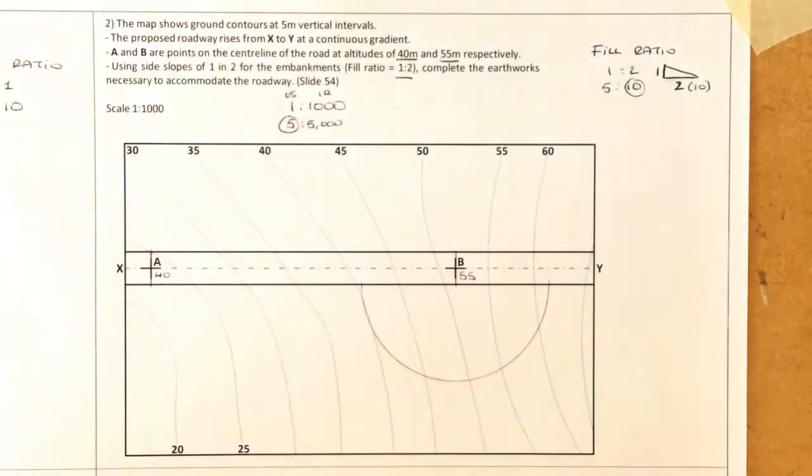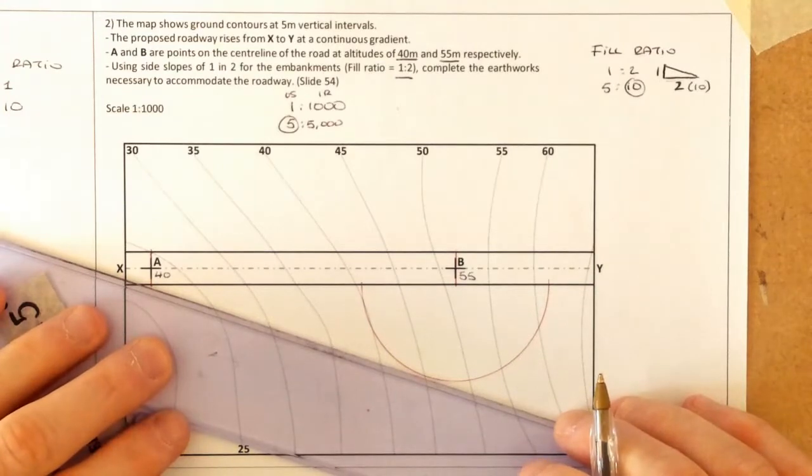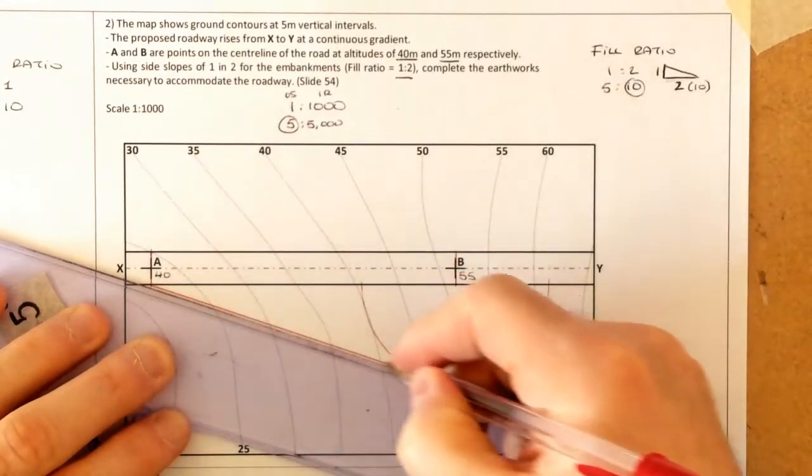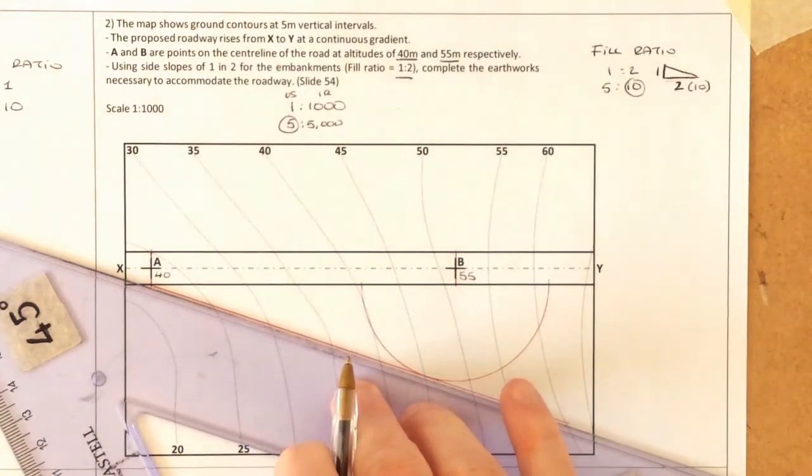Okay, and once again then from point A I'm going to construct a tangent to my fill cone. That there is at 40mm.